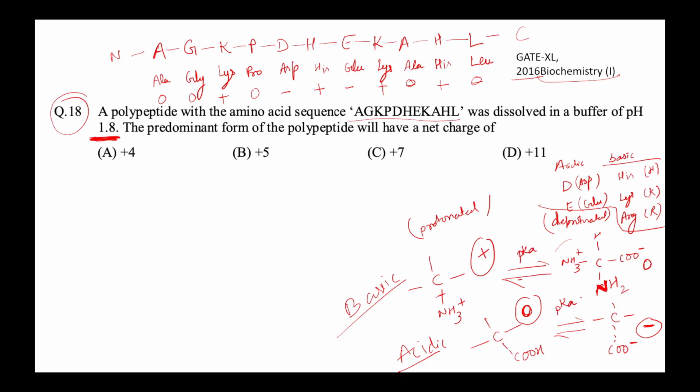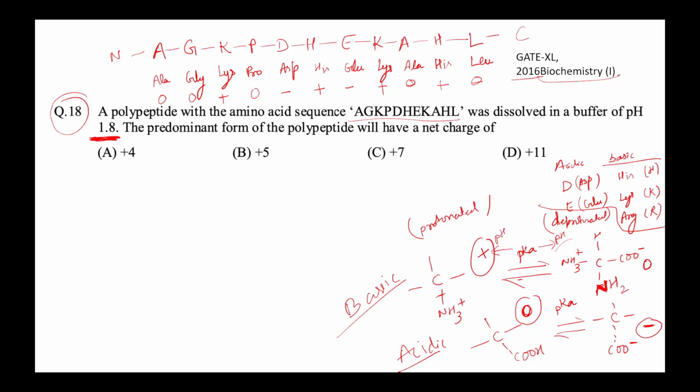At the pKa the protonated and deprotonated forms are equally distributed: 50% protonated, 50% deprotonated. But as the pH rises above the pKa, the amino acid will be present in the deprotonated form, and at pH below it, it will be present in the protonated form.